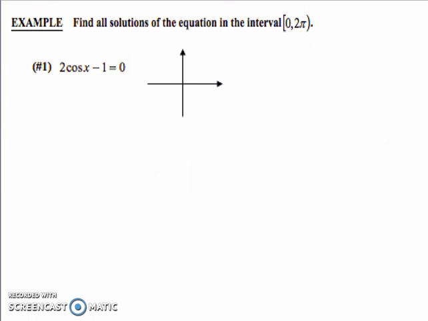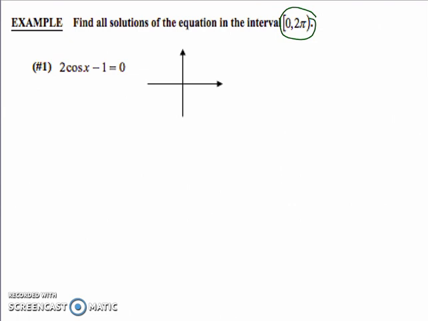Today we are going to begin talking about solving trigonometric equations. The first thing I want you to pay attention to is that the instructions for example 1 say to find all solutions of the equation on the interval 0 to 2 pi. That's asking us to find the solutions that live in just one pass around the unit circle.